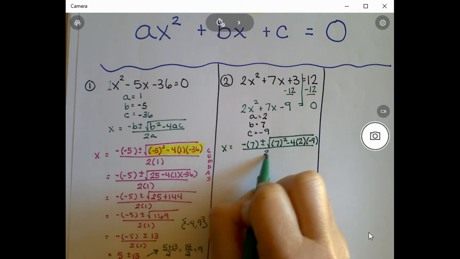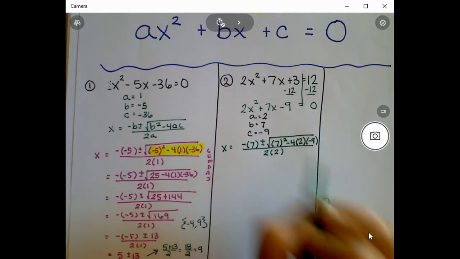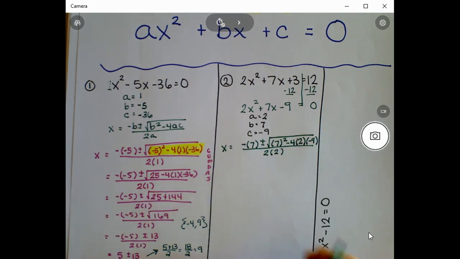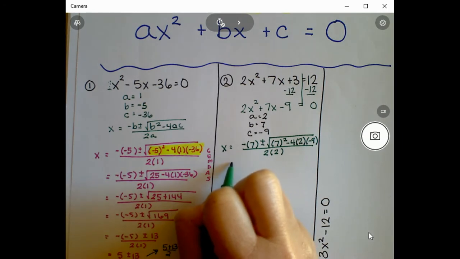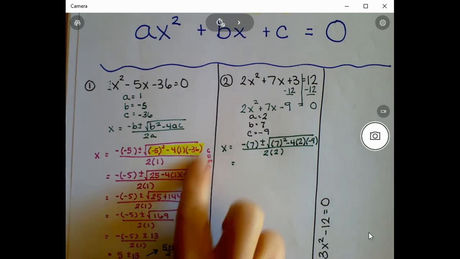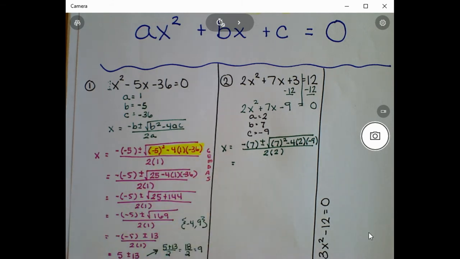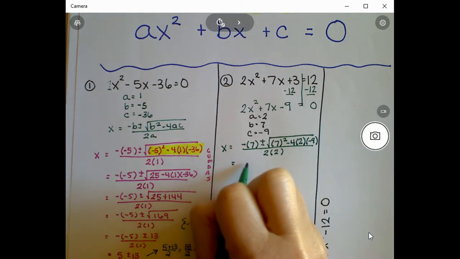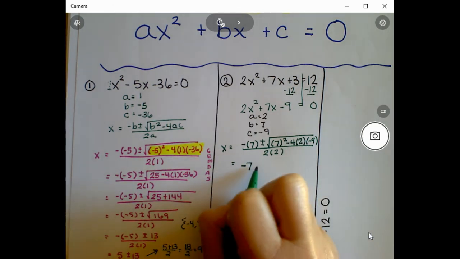All over 2a. Okay? And simplify. I'm going to consolidate steps because I did this the super long order of operations way. I know because I've done a lot of math the order that I can simplify, so I'm going to model that. I know changing this to -7 isn't going to affect the rest of my problem.